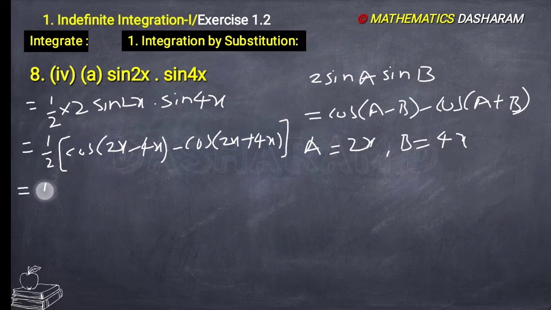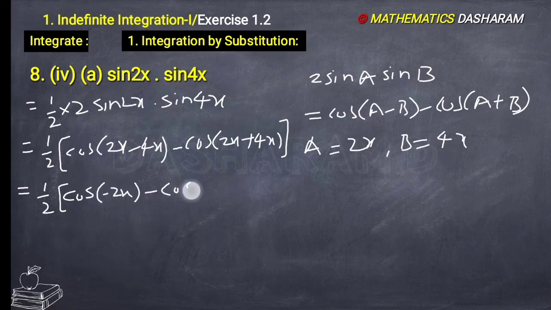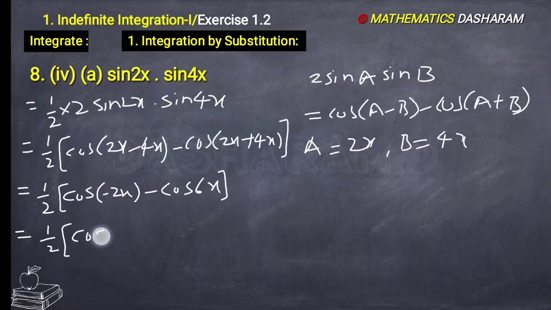Then it is equal to 1 by 2 bracket of cos 2x minus 4x is cos minus 2x, minus cos 2x plus 4x is 6x. So 1 by 2 bracket of cos of minus 2x is cos 2x, minus cos 6x.